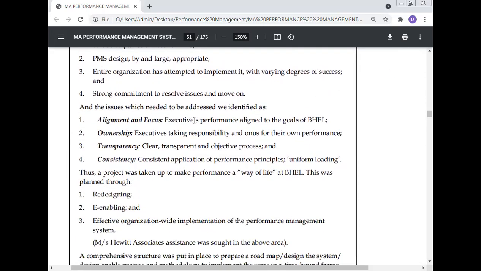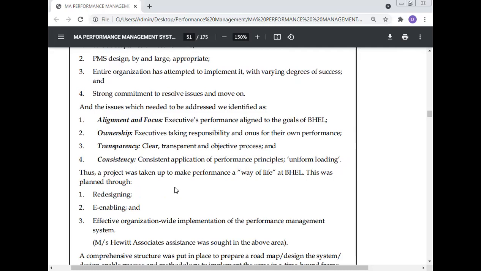The issues which needed to be addressed we identified as alignment and focus: executive performance aligned to the goals of the BEL. Ownership: executives taking responsibility for their performance. Transparency: a clear, transparent, and objective process. Consistency: consistent application of the performance principles, uniform loading.